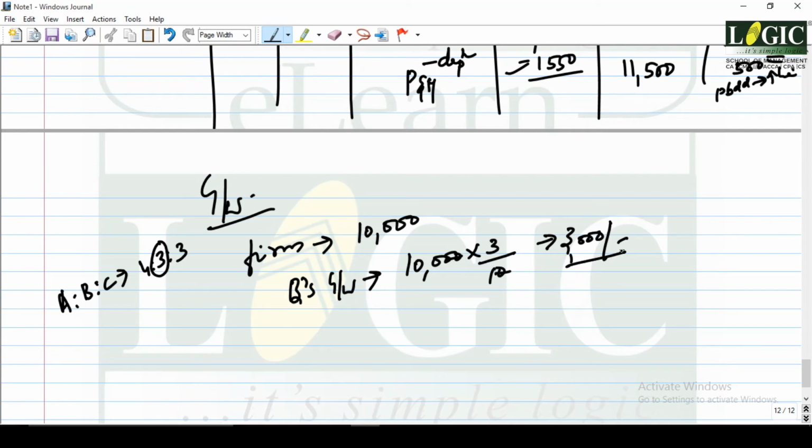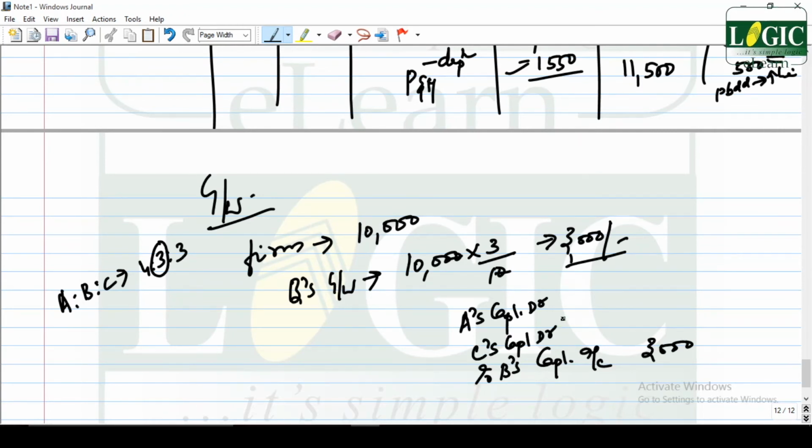Now who is to be given 3,000? To B's capital account. B is going, B should get 3,000 credit. Who has to give it? A's capital account debited, C's capital account debited, to B this 3,000.